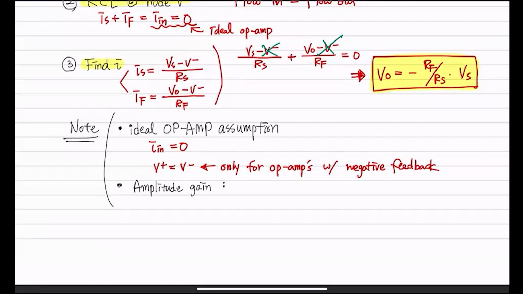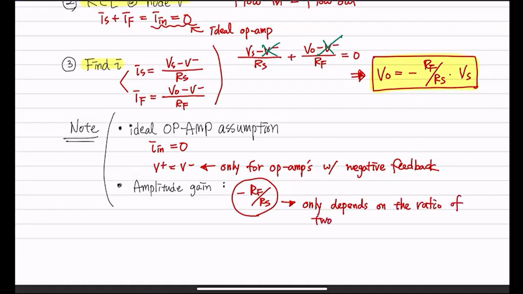And if we now focus on this, the amplitude gain is negative Rf divided by Rs. So it only depends on the ratio of two resistors, in other words, can easily change, right?